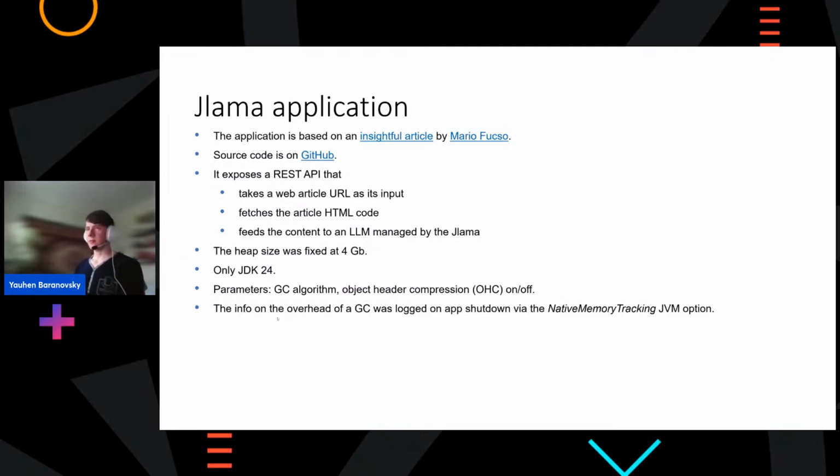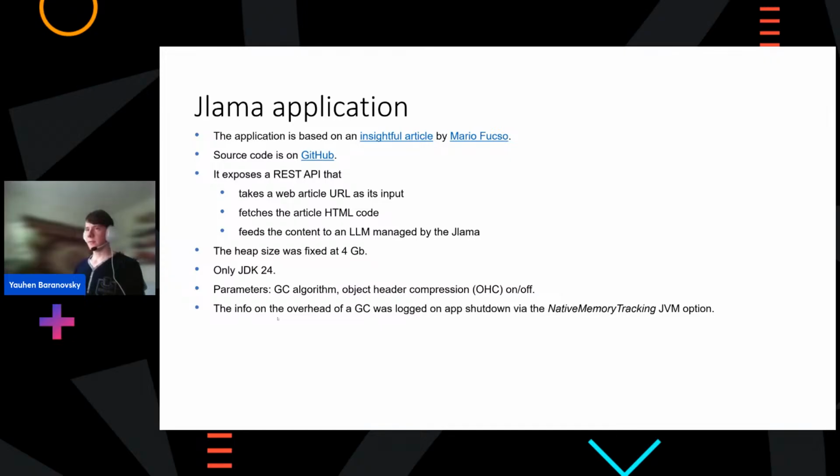And in terms of business logic, this is quite a simple REST API application, which exposes an endpoint for taking a URL to some web article or wiki page, and it downloads the text content of it and feeds it to an LLM to do some summarization.